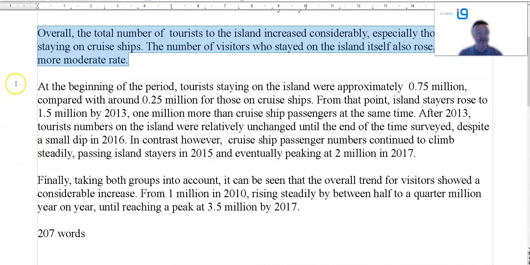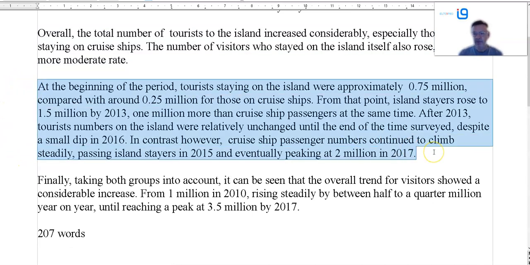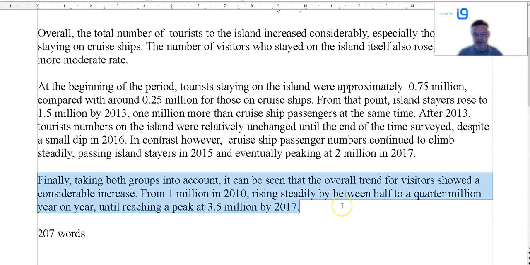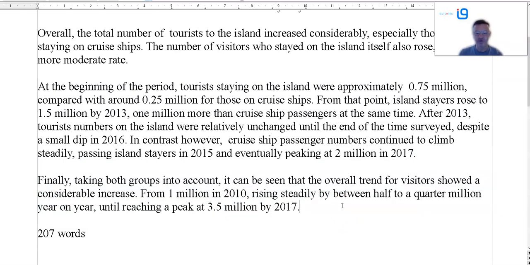And then figures and data. Compare, contrast, like was it 2015 they overlapped and crossed over, yeah? Put that one. And then the final thing, overall trend, 207 words.